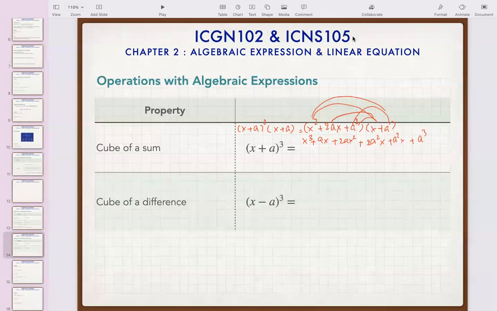Then I combine like terms: x cubed plus 2ax squared plus a x squared makes 3ax squared, and 2a squared x plus a squared x makes 3a squared x, plus a cubed.